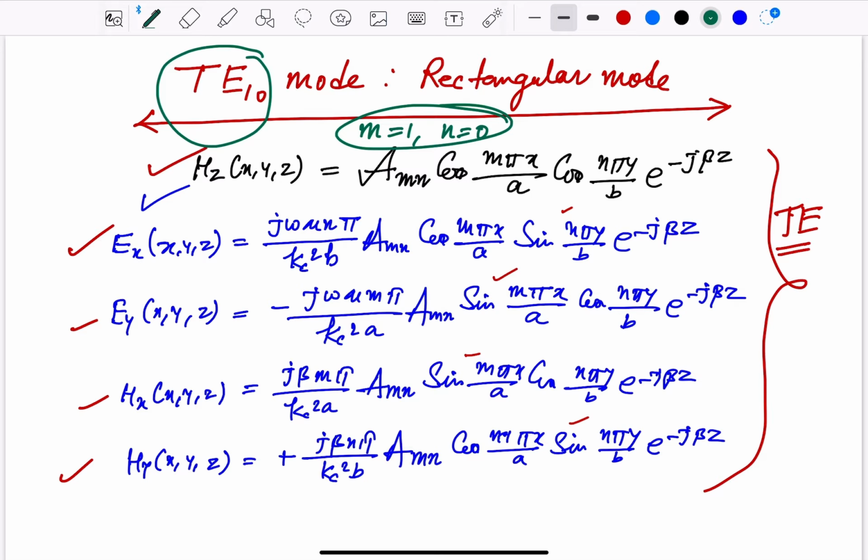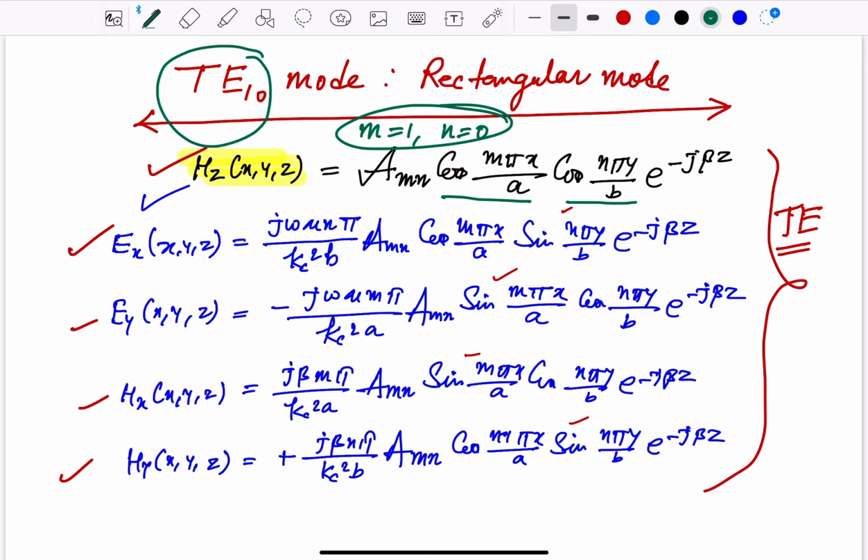If you see the first one, which is Hz, the moment you put m equal to 1, it will carry A_mn cos(pi x by a) e to the power of minus j beta z. Similarly, in the Ex component, the moment you put n equal to 0, the whole component will be 0.